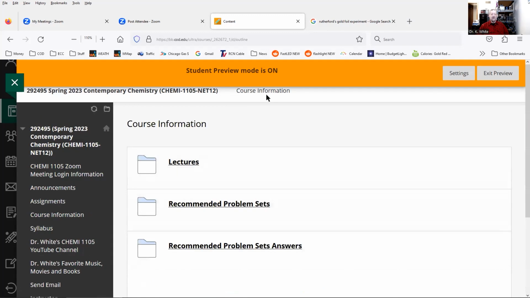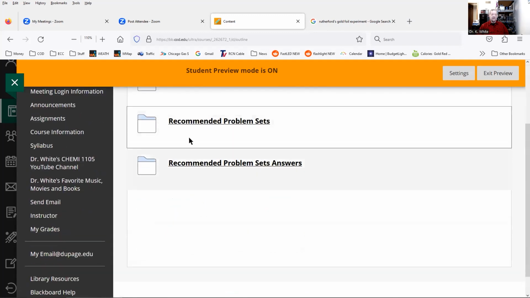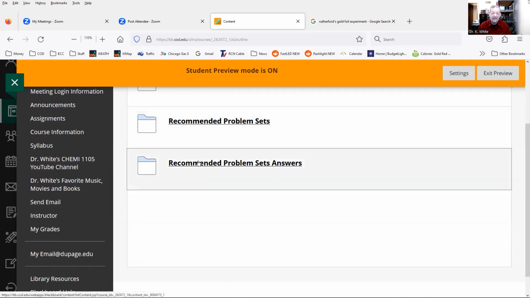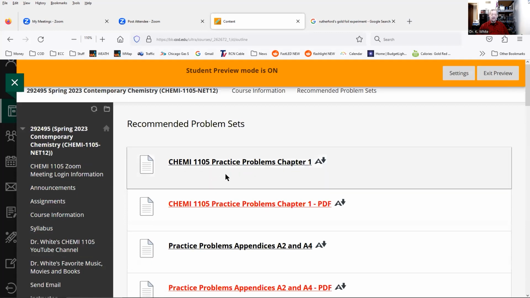Now, if we go back to course information, you'll see there are 2 more folders. One is recommended problem sets, and the other is recommended problem set answers. If I click on recommended problem sets, you'll see chapter 1 is both a PDF file and a Word document.